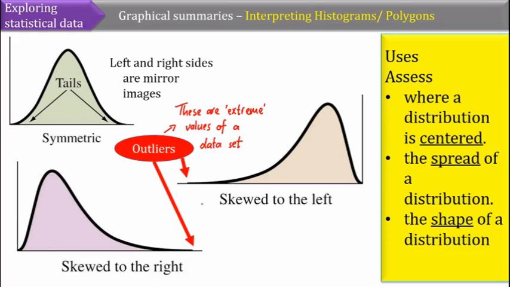So if we look at the summary over here, where we have a frequency polygon that looks like this, then we can say that it is symmetric because we're able to divide it up into two equal sides. Okay, the one being a mirror image of the other. So in this case we have symmetry.